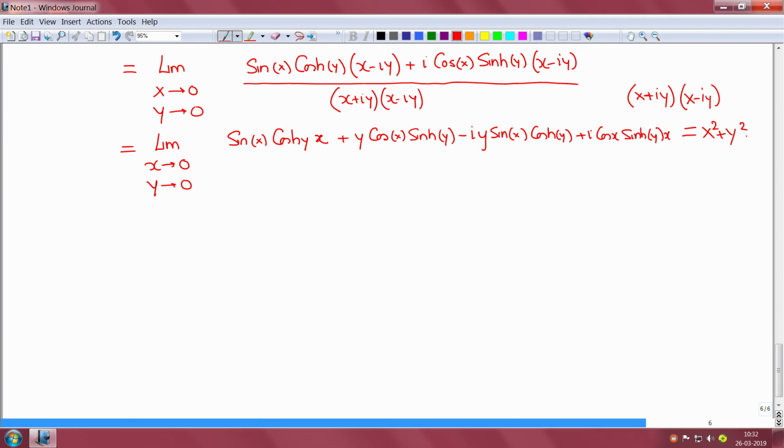Okay. And the whole thing is divided by x squared plus y squared. So this first portion is the real part, and this next portion is the imaginary component.